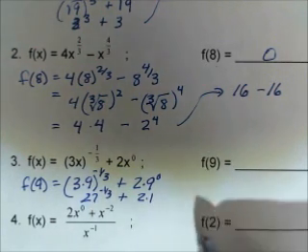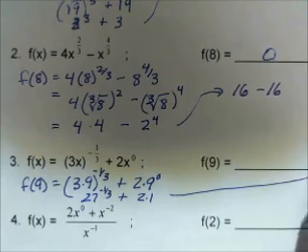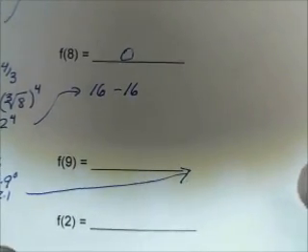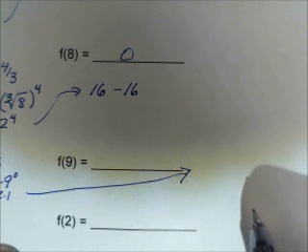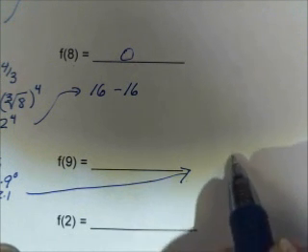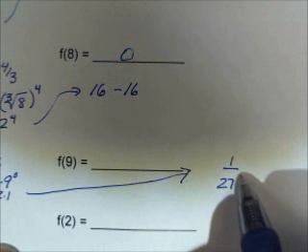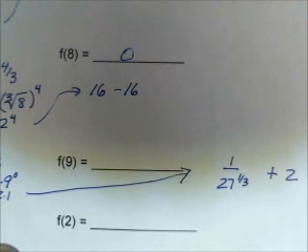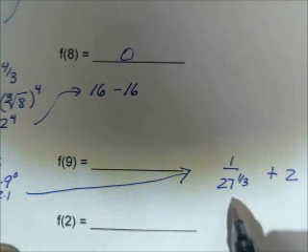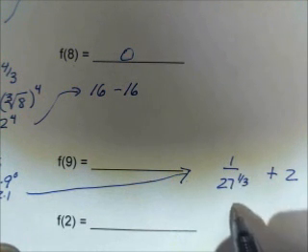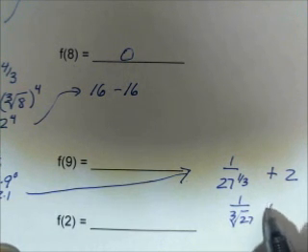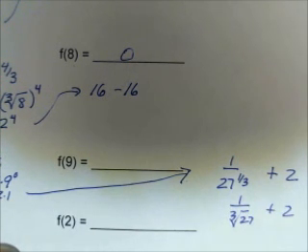Didn't leave much room for this one, so I'm going to go way off to the right-hand side here. Okay, so that 27 to the negative 1/3 is going to become 1 over 27 to the positive 1/3, plus our 2. And 27 to the 1/3, that's the cube root of 27, which is 3.